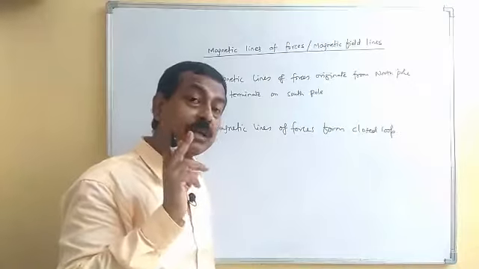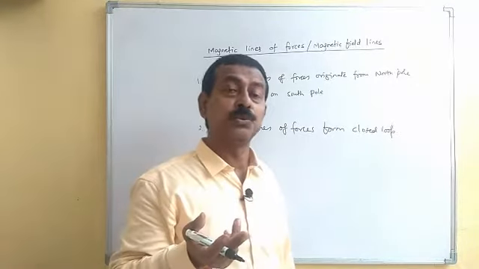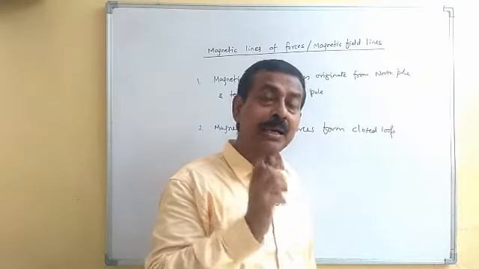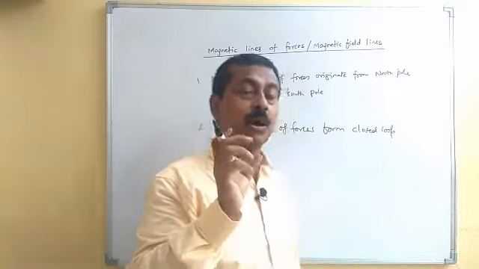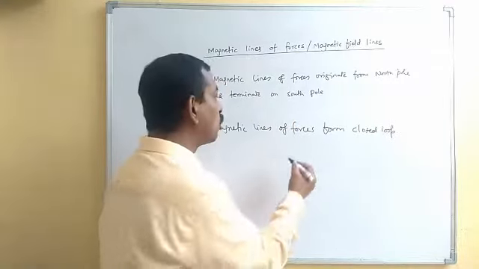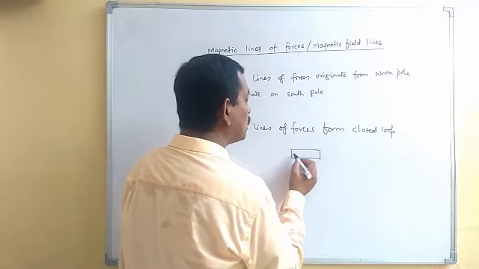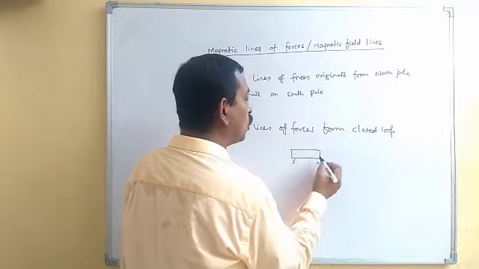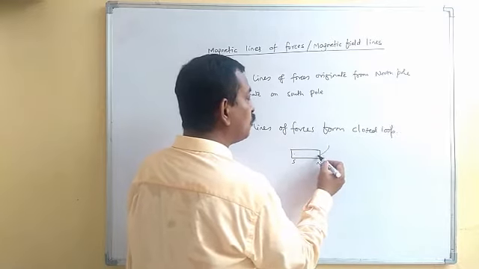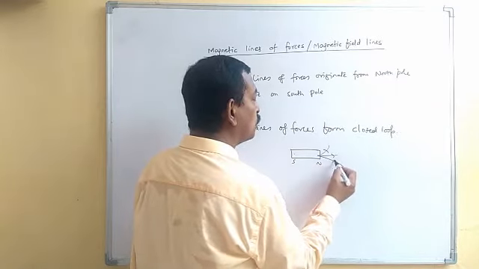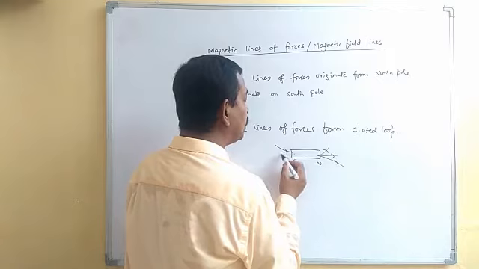Electric lines of forces do not form closed loops, but magnetic lines of forces form closed loops, because if you have a magnet here, suppose this is your south pole and this is the north pole, the magnetic lines of forces will originate from the north pole and they will terminate on the south pole.